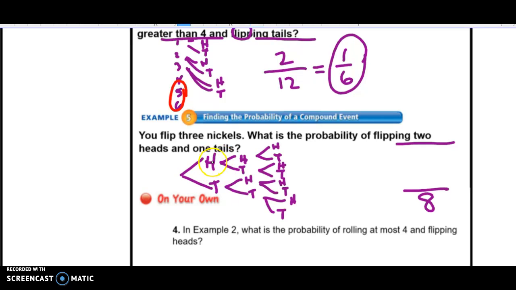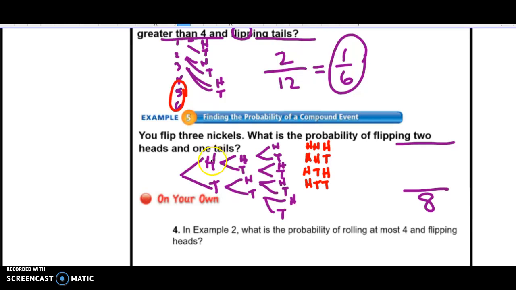Okay, so on my first flip, I could get heads, heads, heads. Or I could get heads, heads, tails. Or I could get heads, tails, heads. Or I could get heads, tails, tails.